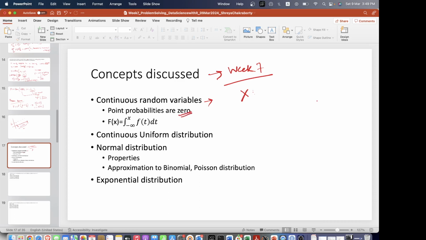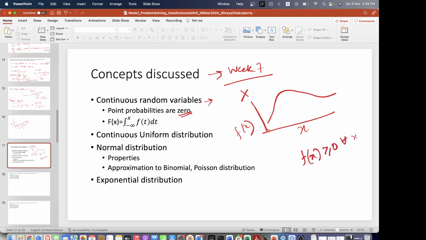Now why so? Let's say you have this continuous distribution. This is your fx, which is the probability density, and this is your x, and you have a graph like this. What were the two properties of any PDF? Fx should be greater than or equal to 0 for all x, and integration of fx dx should be 1.